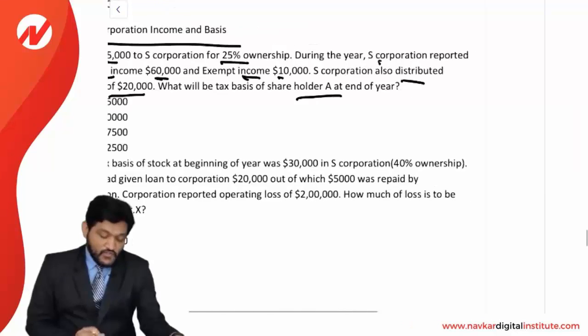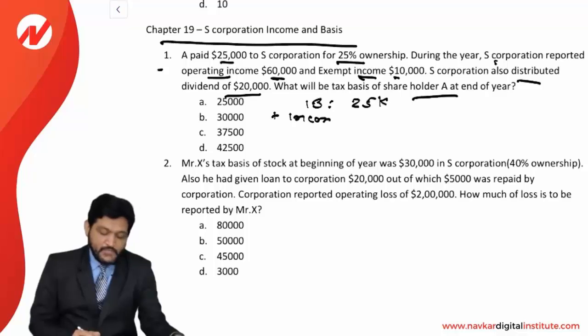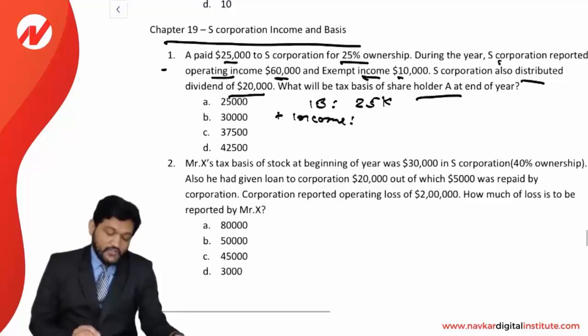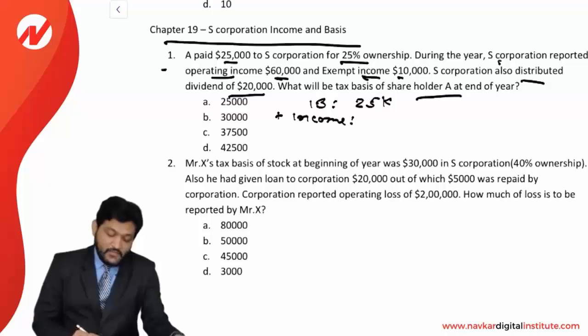First of all, we start with the initial basis. Initial basis is 25,000 as he has purchased the shares for 25,000, plus share in the income. There are two types of income and both are going to be added. So 60,000 and 10,000 is 70,000, and 25% is his share, so 70,000 into 25% is 17,500 that will be added.